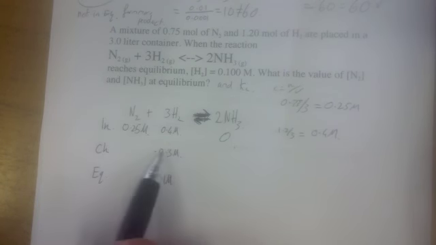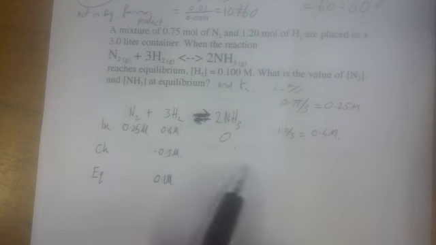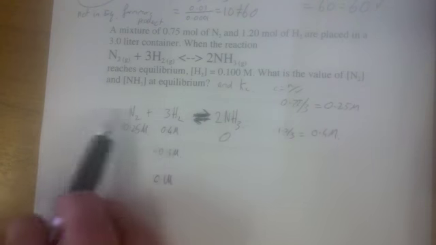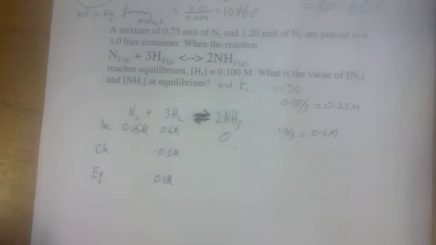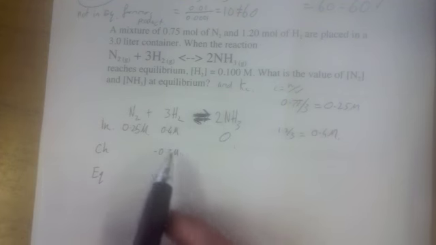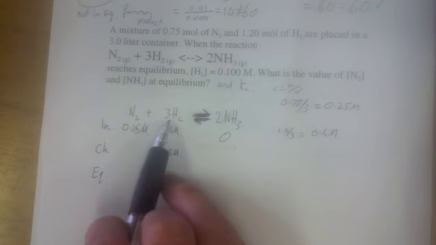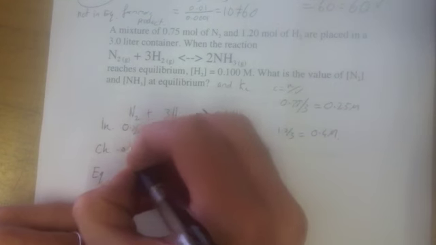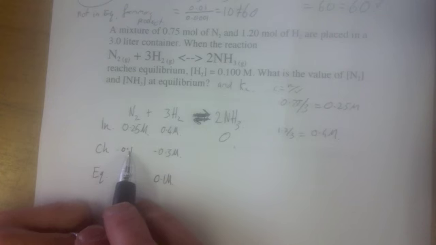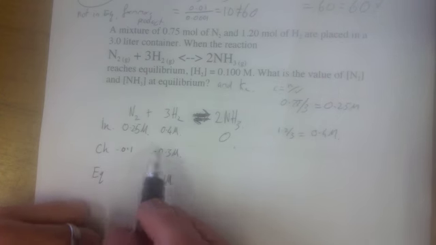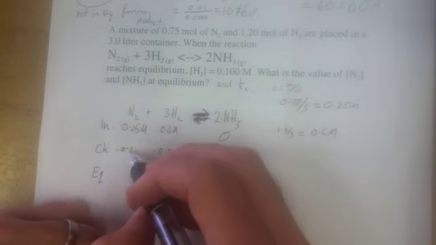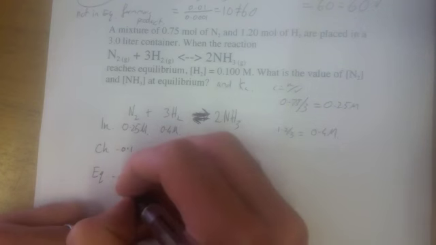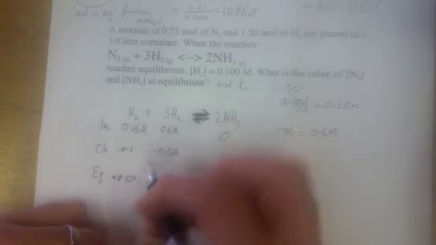Now, this means that this change is in the ratio of our stoichiometric coefficients. So if we lost 0.3 molar of hydrogen, we're going to lose 0.1 molar of nitrogen, because for every 1 mole of nitrogen that reacts, 3 moles of hydrogen react. So it's going to go down by 0.1, and it's going to be left with 0.15 molar.